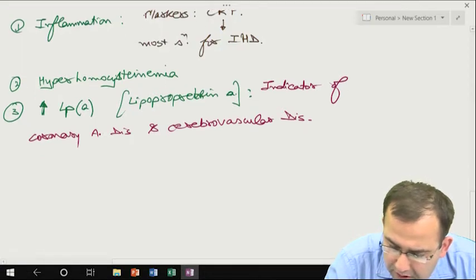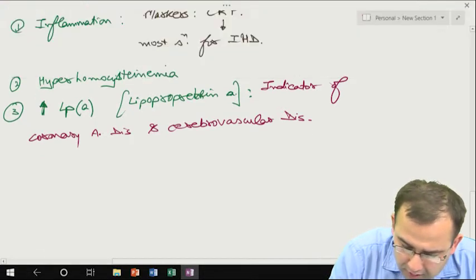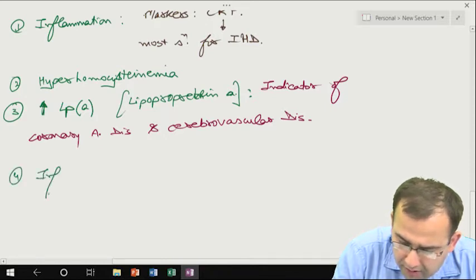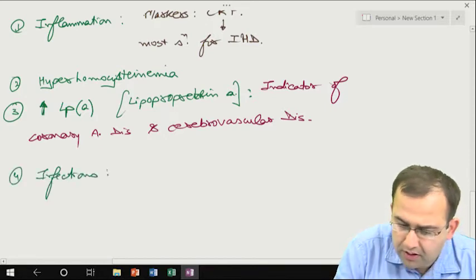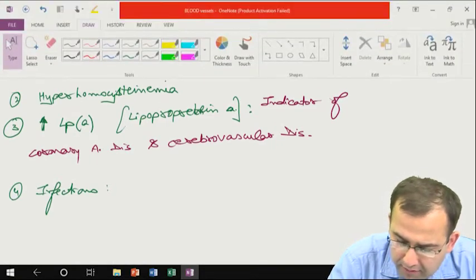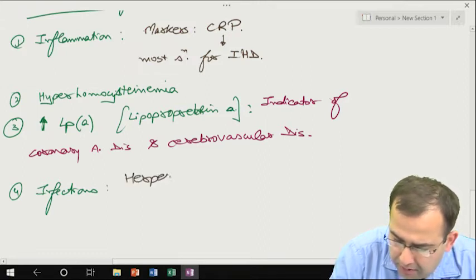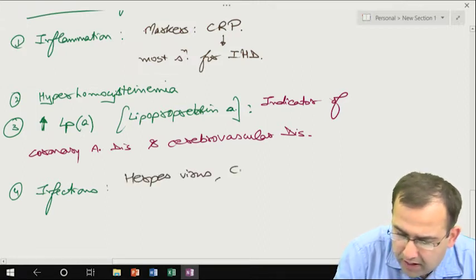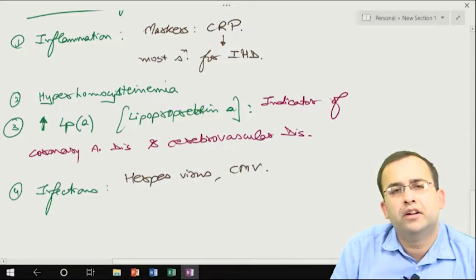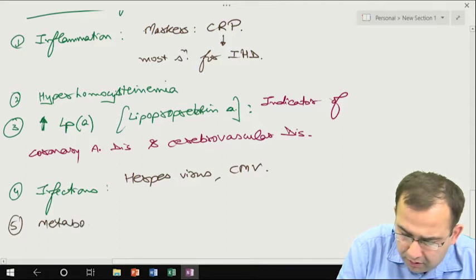Next risk factor is infections. Which infections? Herpes simplex virus, CMV, and other infections. Last is metabolic causes. You very well know this.